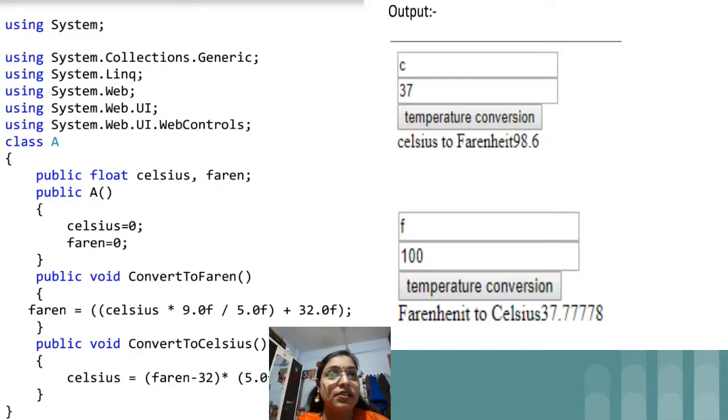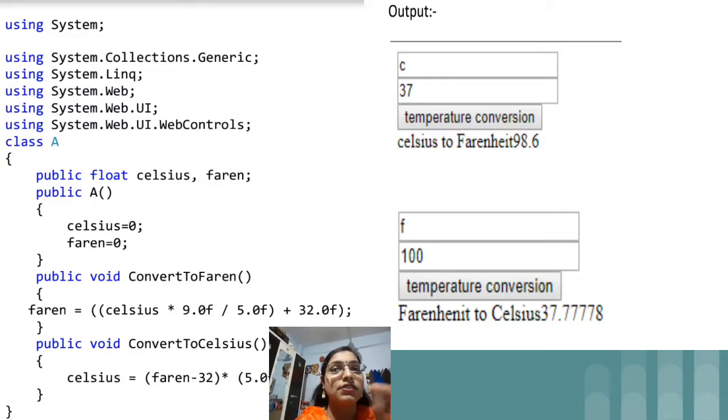In the PDF I will add these formulas, but for current reference, Celsius equals Fahrenheit minus 32, which means you will enter the value of Fahrenheit, from which we will subtract 32, into 5 by 9. In the previous one, Celsius to Fahrenheit, 9 by 5 is used. So here we will use 5 by 9.